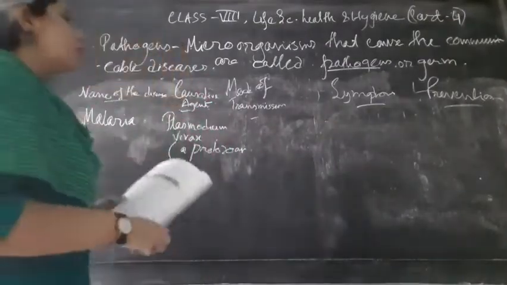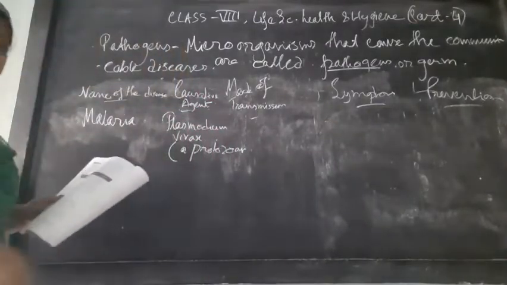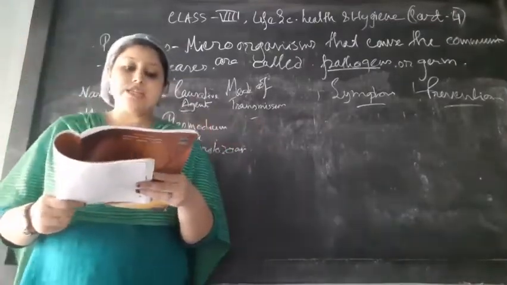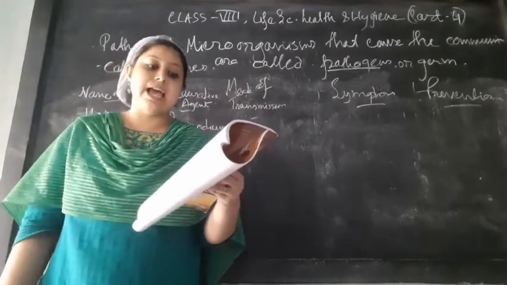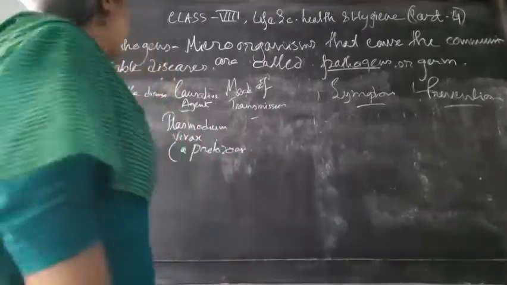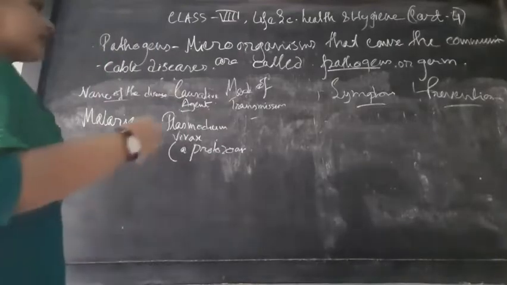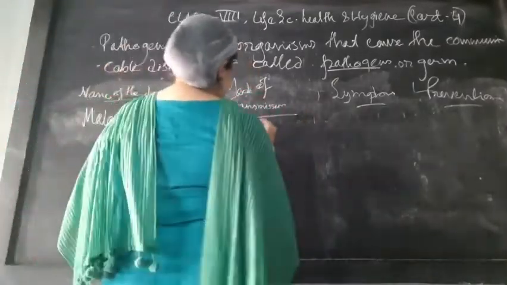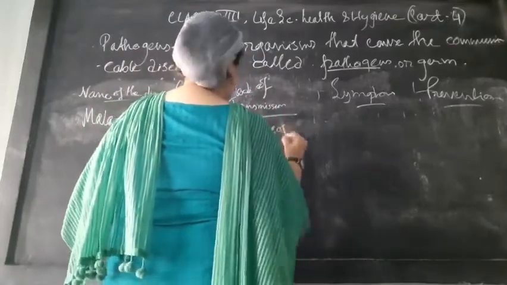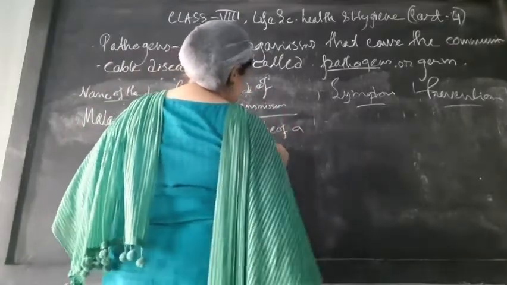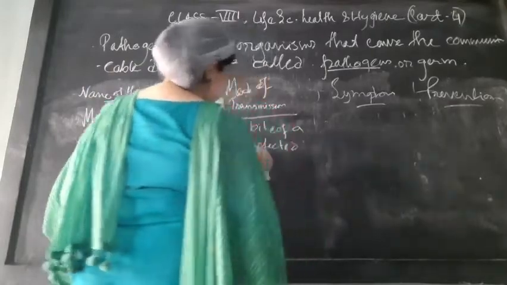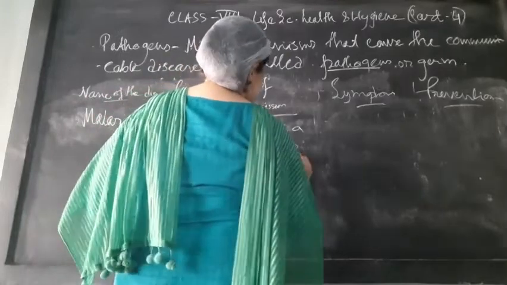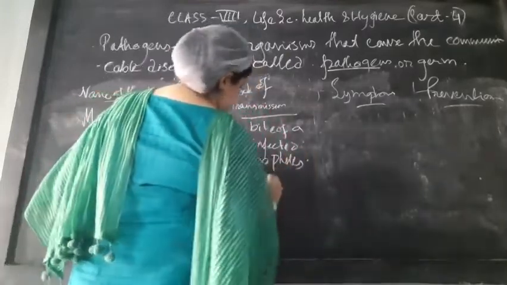Now, the mode of transmission of malaria. So what is the mode of transmission? Through the bite of an infected Anopheles mosquito. Malaria is usually transmitted by the Anopheles mosquito.